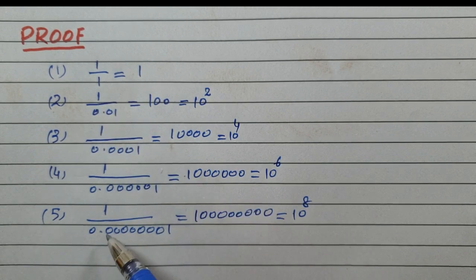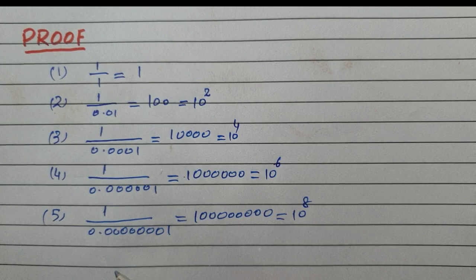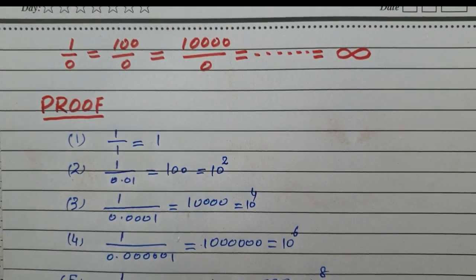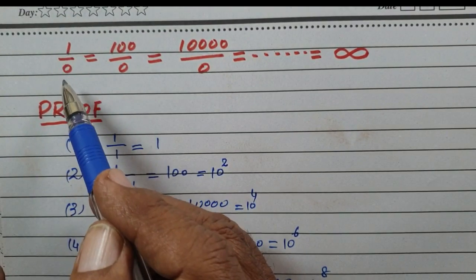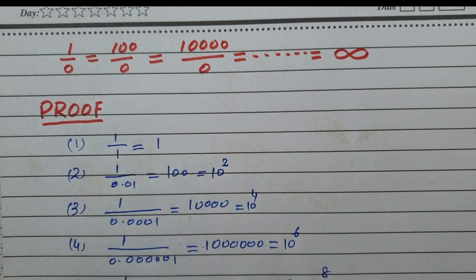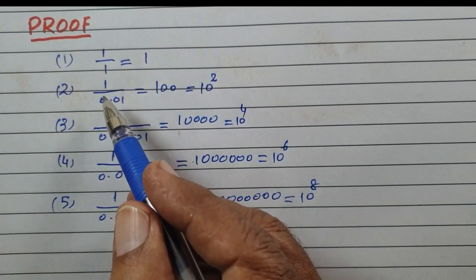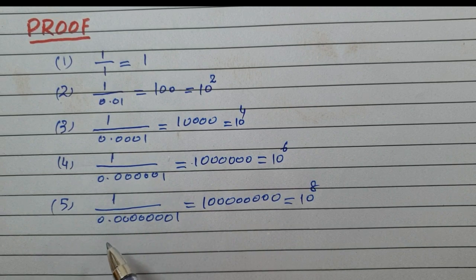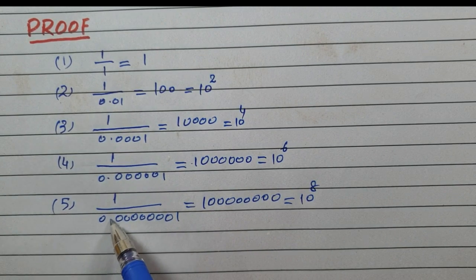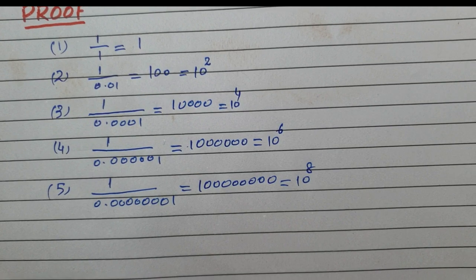We are going near to 0, because we are to prove here that any number is divided by 0. So we gradually decrease this and go to almost 0 in some next steps.